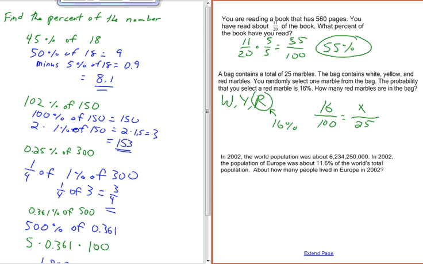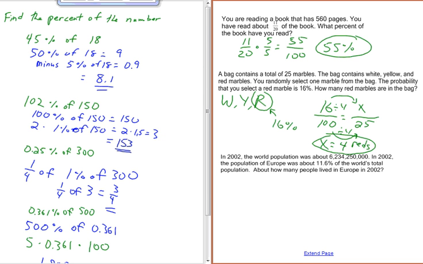Divide by 4 on the top and bottom, 5 by 4, and so we're gonna get x equals 4 red marbles.